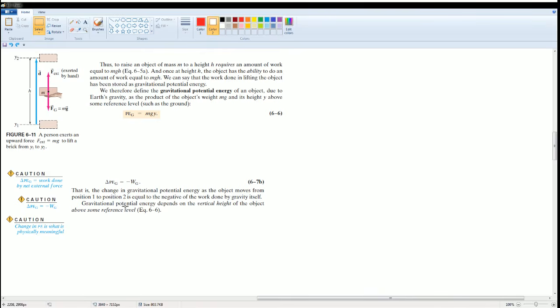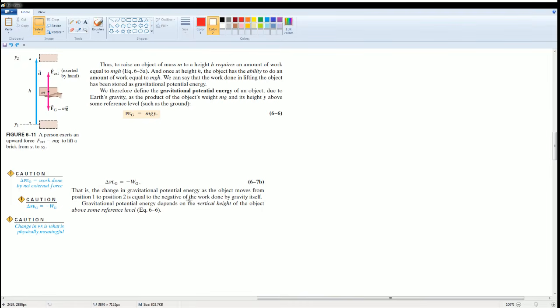Something interesting about the potential energy and work: the change in the potential energy is considered negative work, and the negative just means its direction. It's the work done by the external force. That is, the change in the gravitational potential energy as the object moves from position 1 to position 2 is equal to the negative of the work done by gravity by itself.